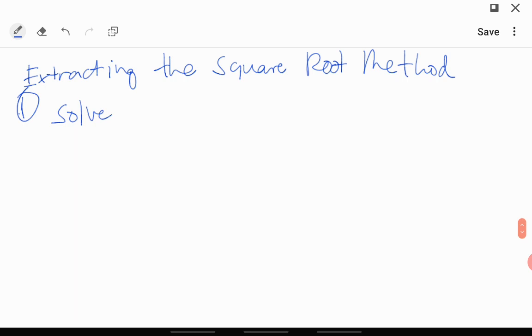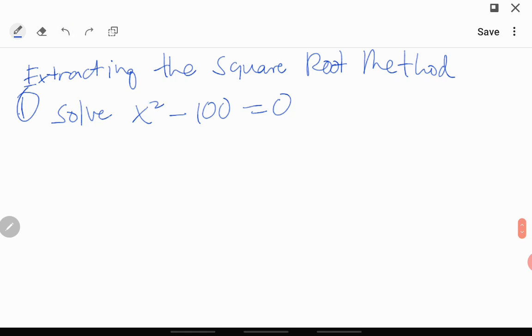Find x. So, ganyan yung mga tanong sa solving quadratic equation problems. So, solve x squared minus 100 equals 0. Okay? So, this is a quadratic equation dahil ang degree niya ay 2 or ang highest power is 2.